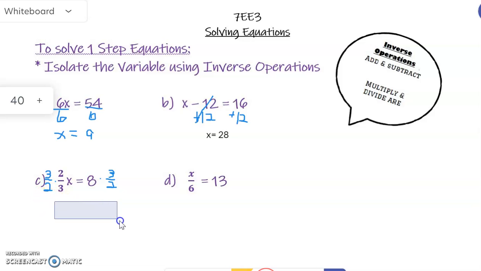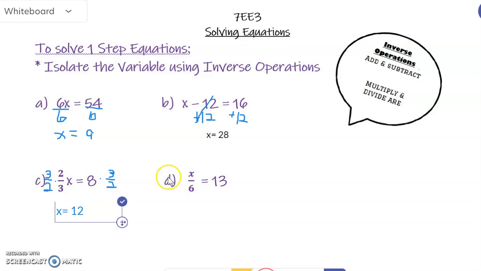Okay, so in this case, we actually get x equals 20. Let's see, no, sorry, 8 times 3 is 24 divided by 2, so it'd be 12. Again, you can use your calculators on this. All you have to do is do 8 times 3 divided by 2. That is a 2, sorry.